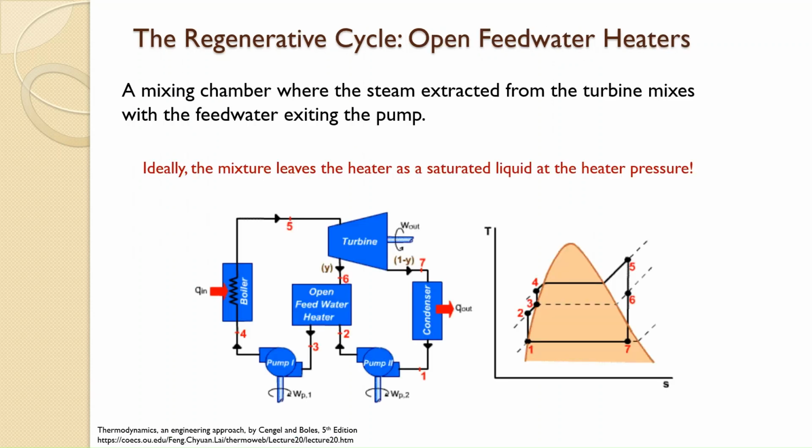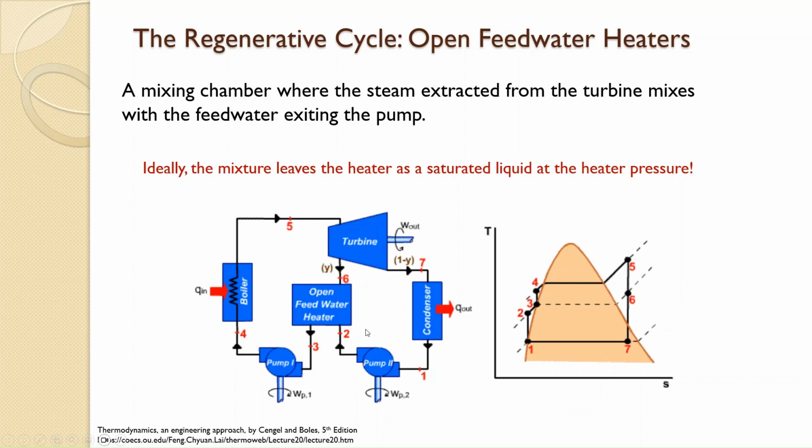In the regenerative cycle with open feedwater heater, the feedwater heater functions as a mixing chamber. The steam is extracted from the turbine. This is a schematic of a simple ideal Rankine cycle with one open feedwater heater. We extract some steam from the turbine.